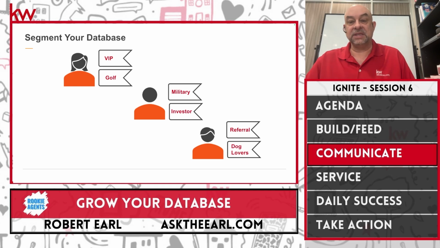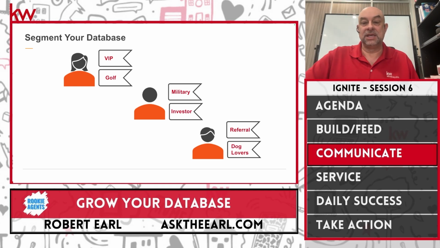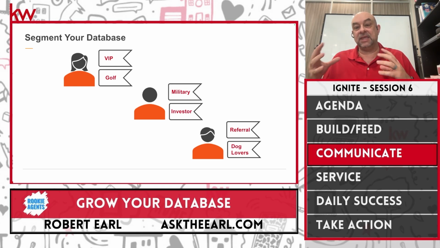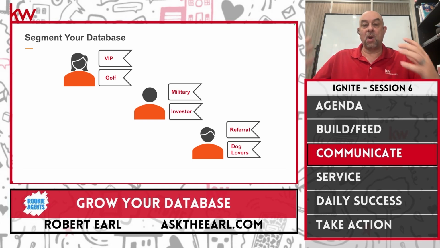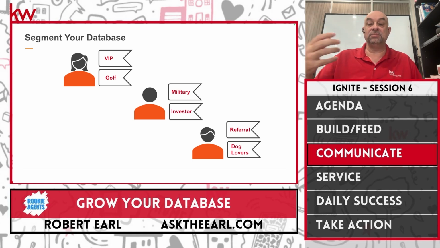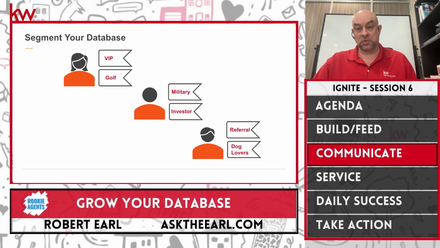You see, these segments become tags within your KW command, so that if you did have a presentation, let's say that's being done by a VA lender in your market center or in your area, everybody that you had tagged as a veteran or military or of that particular interest, they would be somebody that you could then invite to the presentation because they would have interest with that.